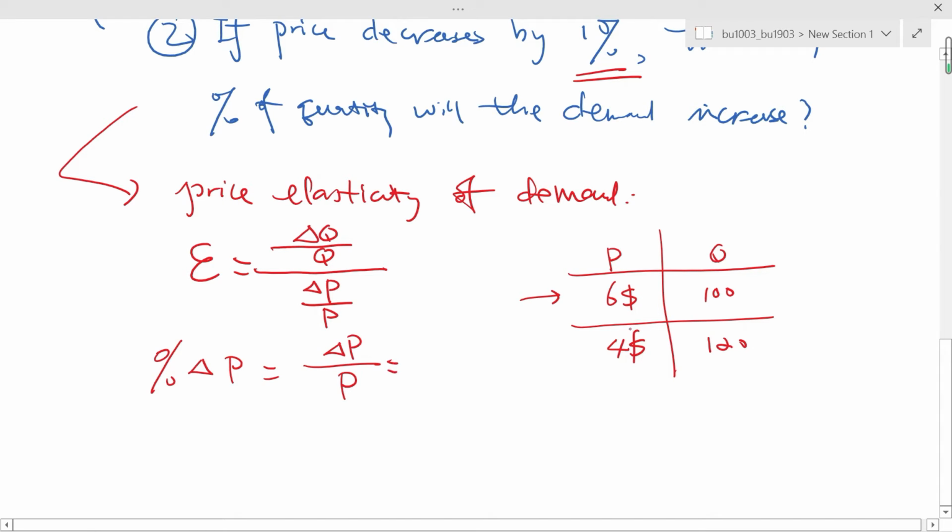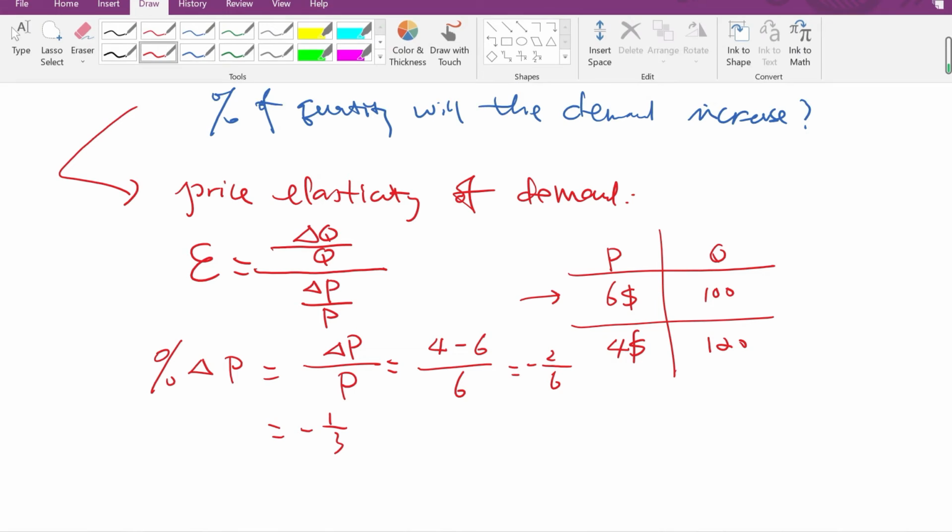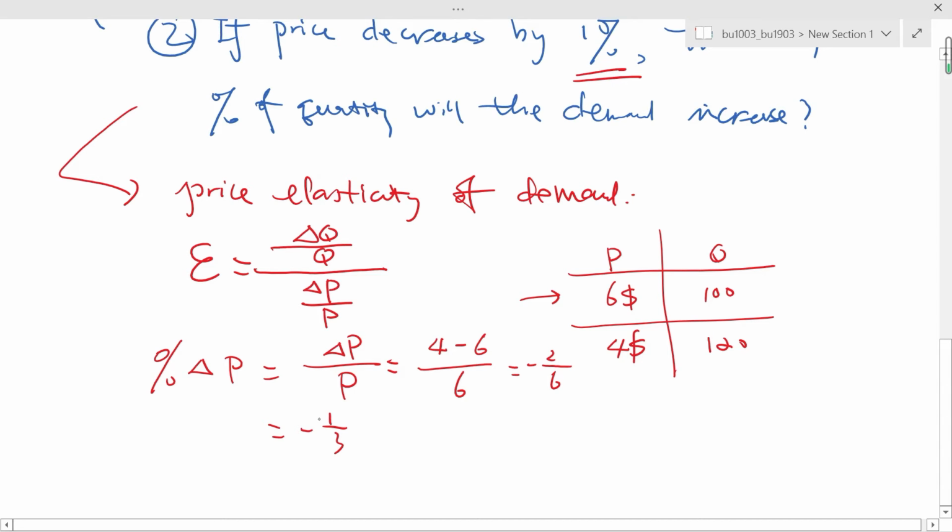Change of price is ending price $4 minus beginning price $6, so it's negative 2 over 6, which is negative 1 over 3. Because we know it's negative, we can ignore the negative signs, since price decrease lowers... raises demand.